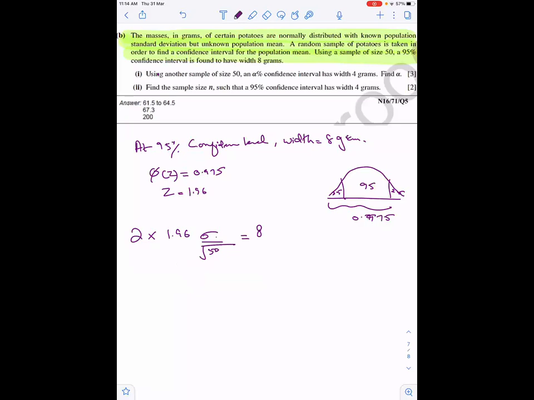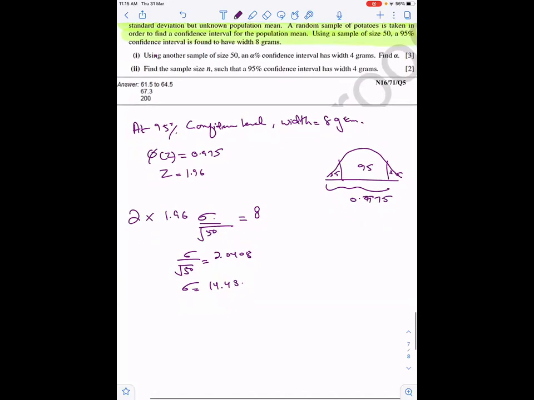So this is also okay. So 2 times 1.96, 8 divided by this answer is giving me 2.0408. Cross multiplying, 2.0408 multiplied by square root of 50 gives 14.43, which is the standard deviation. Once you have the standard deviation, now you can find out alpha.